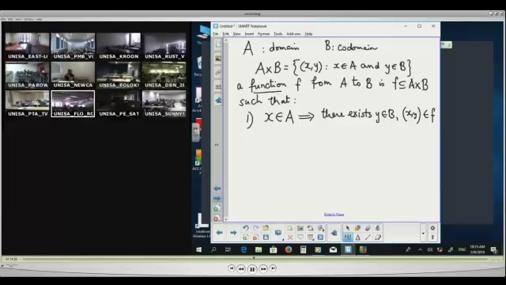So that means if XY and XY prime are both in F, then it must follow that Y is equal to Y prime. It's a way of saying that each input has one and only one output.